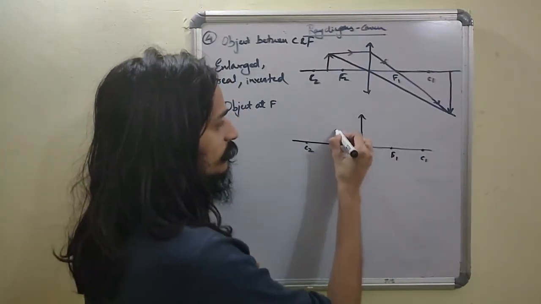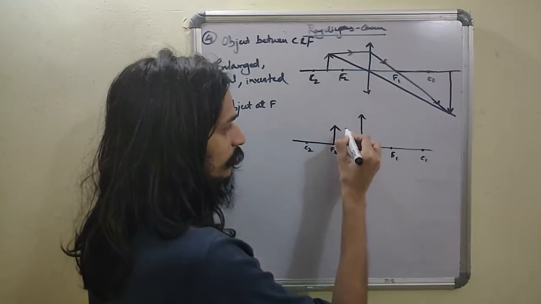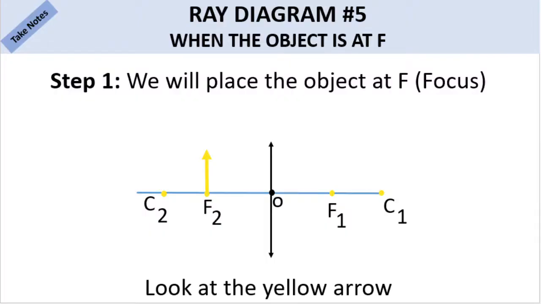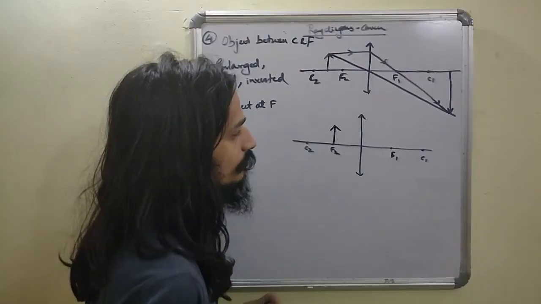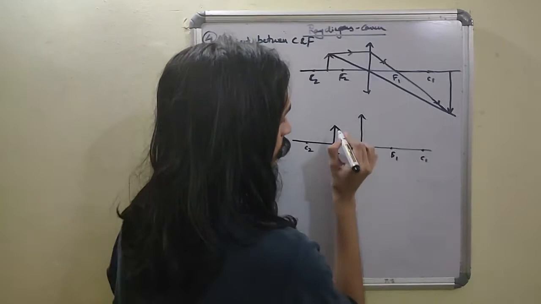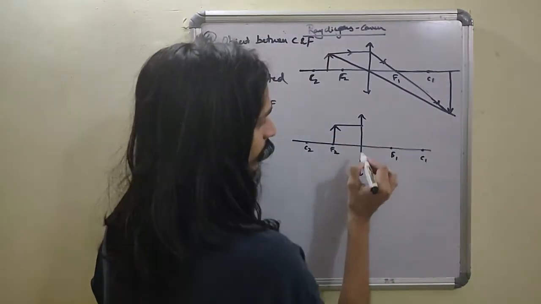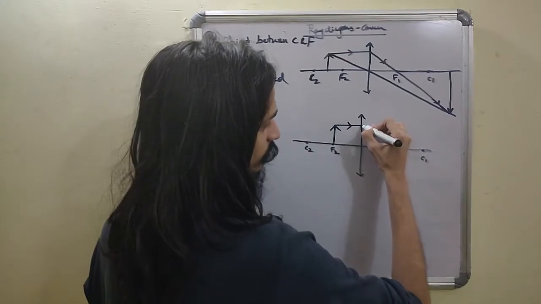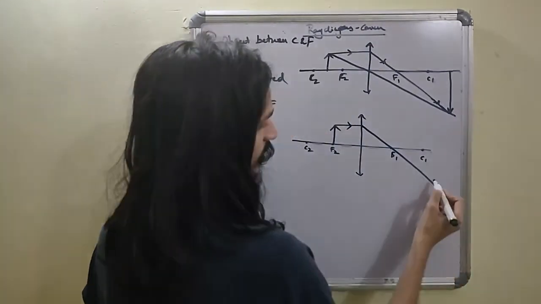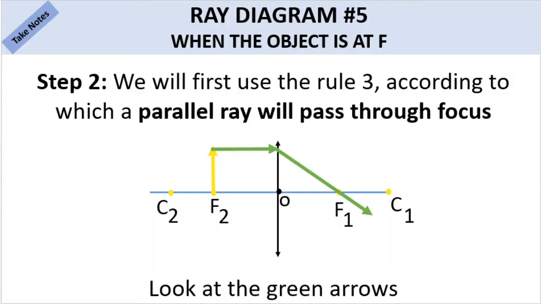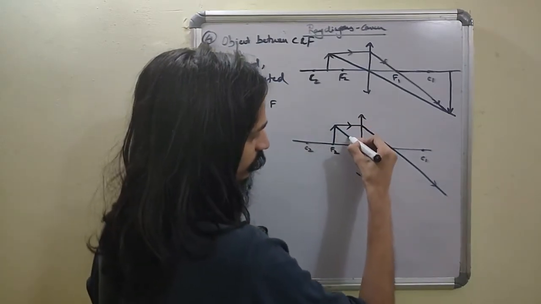We said object has to be at the focus, which is here. Same two rules. First the parallel line, which means it goes through the focus like that. The second one goes to the optic center straight.